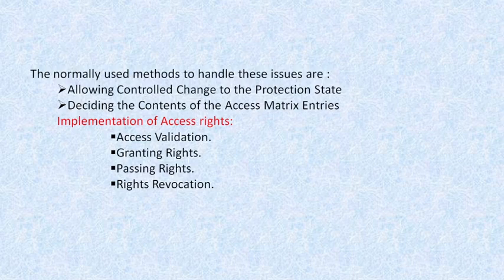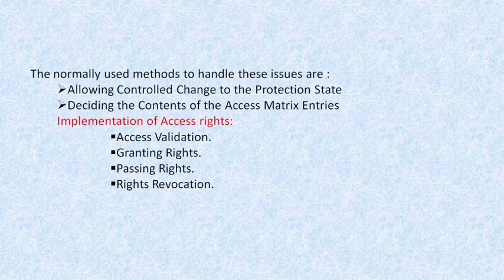Passing rights also say the access right R for object O is passed from a domain D1 to another domain D2 only when either the owner right for object O or the copy right for access right R is there.